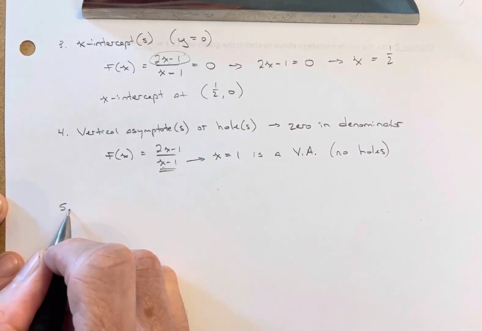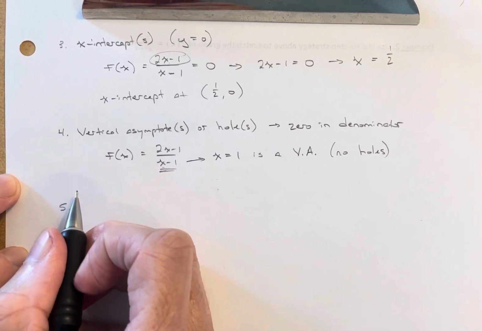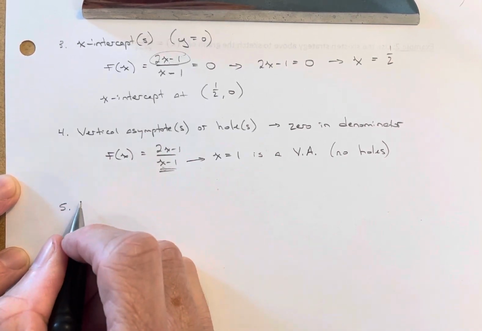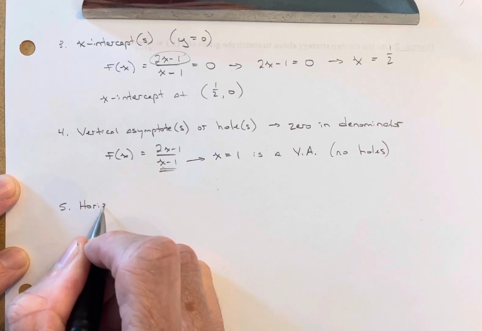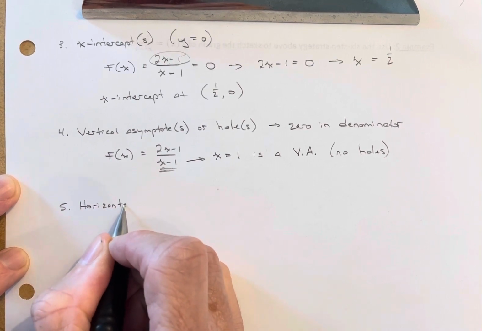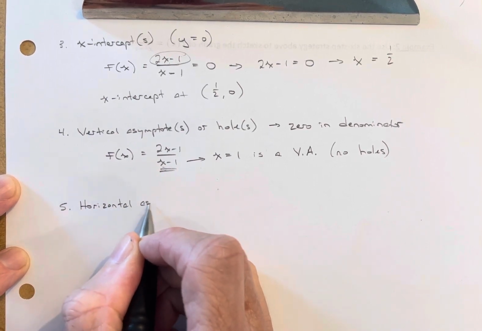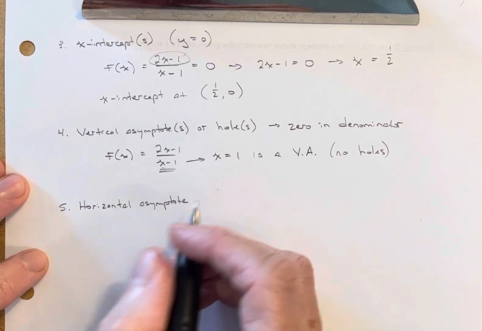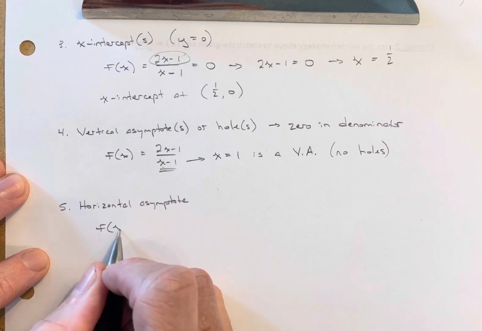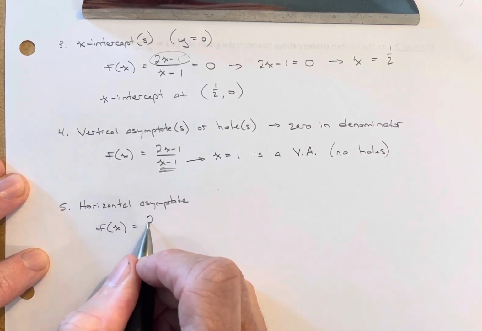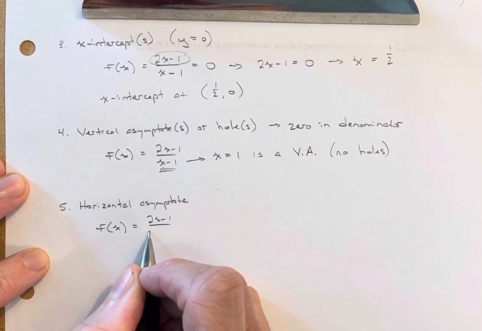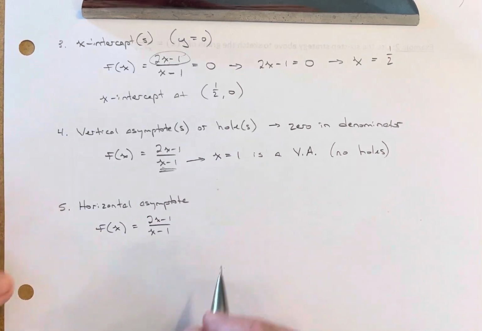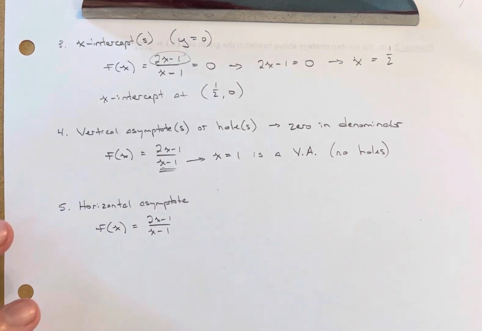How about horizontal asymptotes? Excuse me, horizontal asymptote, because you can only have up to 1. This is where we take the function. I'll rewrite it again. f of x equals 2x minus 1 over x minus 1, and we go to infinity.